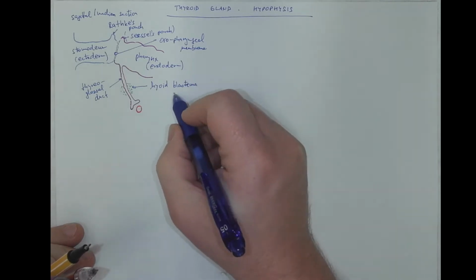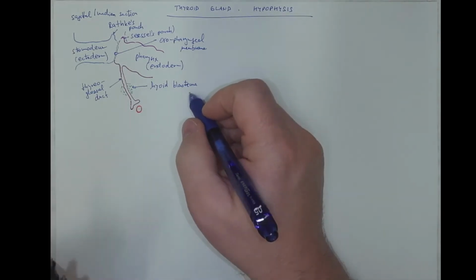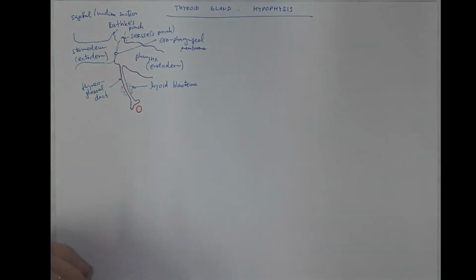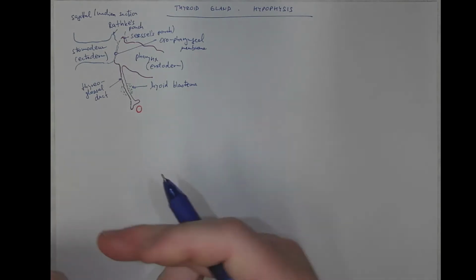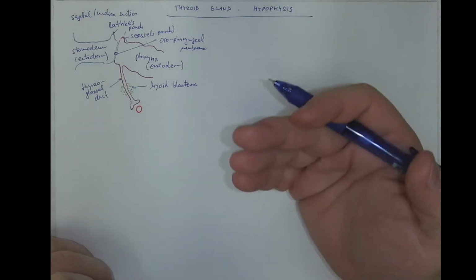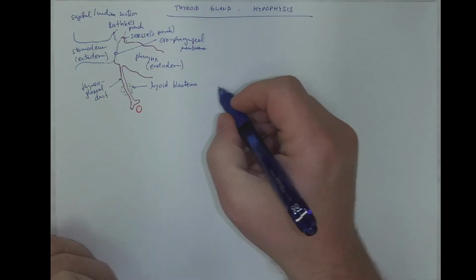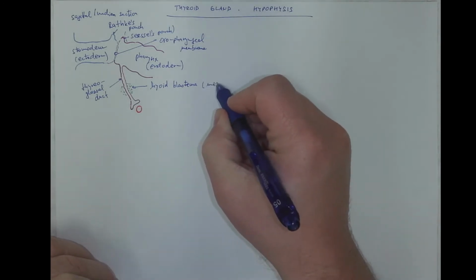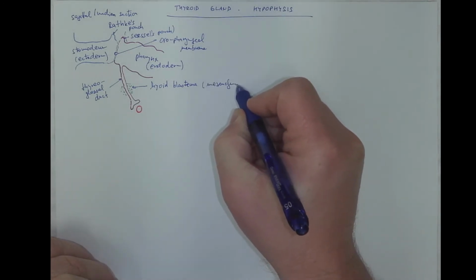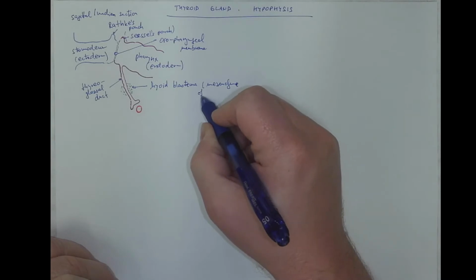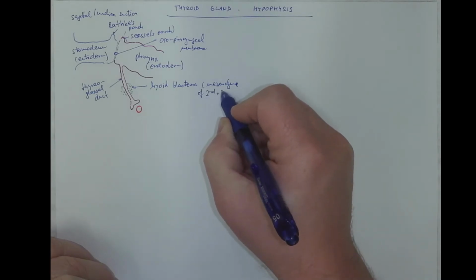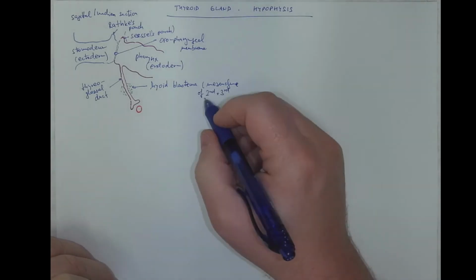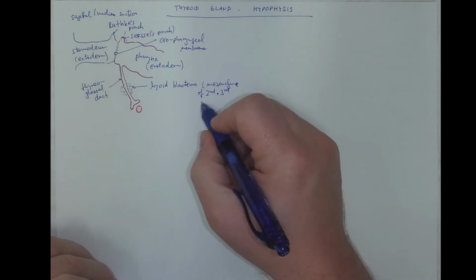In embryology, the word blastema denotes a cell population with potential to form another structure in the future. So it's the mesenchyma of the second and third pharyngeal arch.